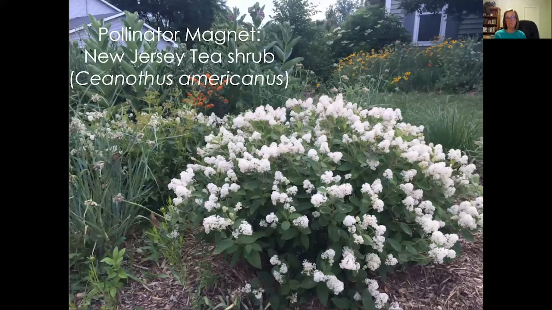Here's New Jersey tea. This is a very low growing shrub. Stays under like 3 or 4 feet or so. It looks like this in like July, usually around 4th of July, end of June, beginning of July. Gorgeous, right? Well, it's kind of finicky.